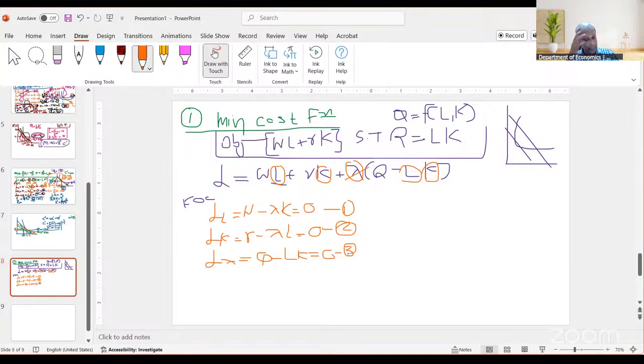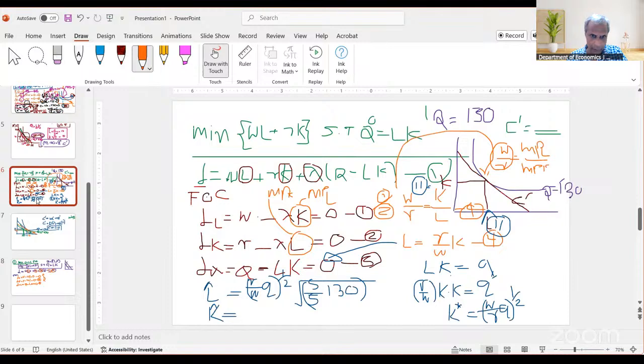Now, using these equations, I'm not going to do the steps again. You can derive and get the answer for L and K, which we did before. I just go there and take them.